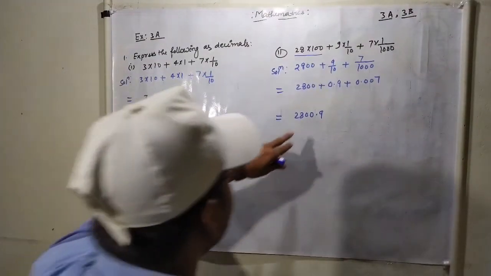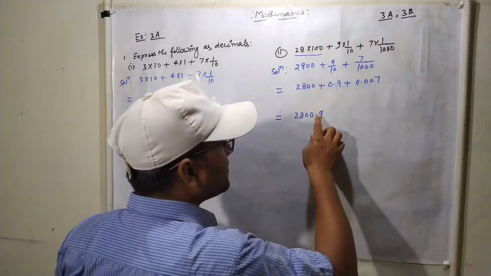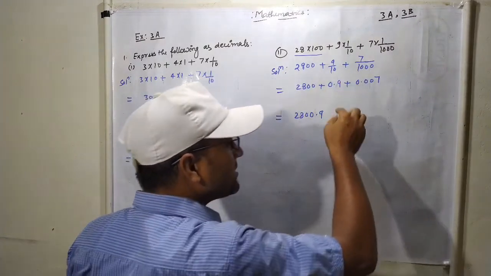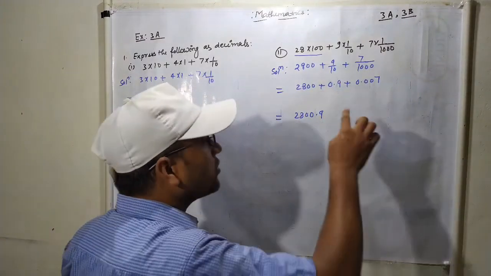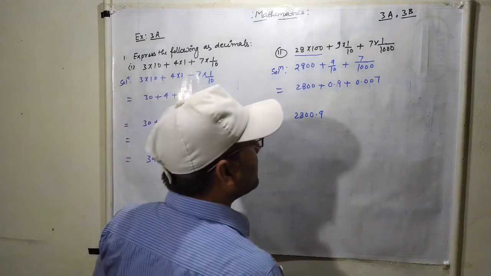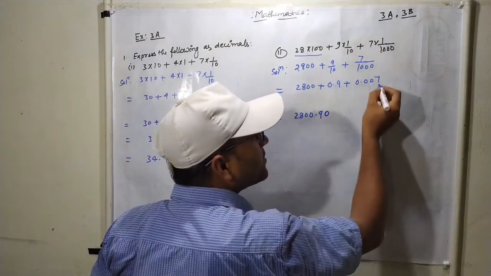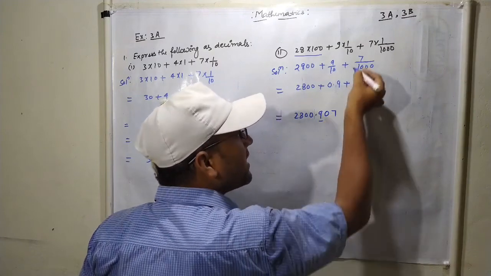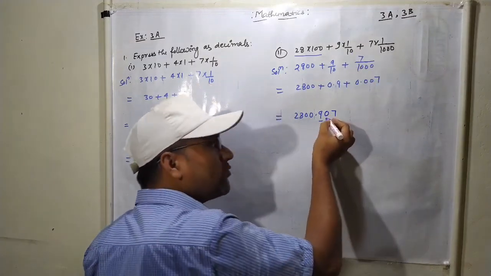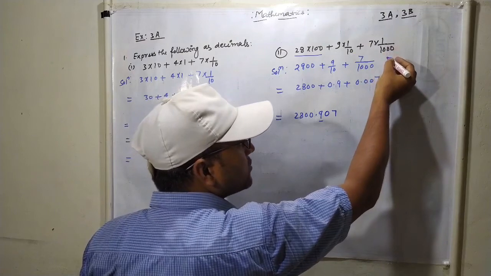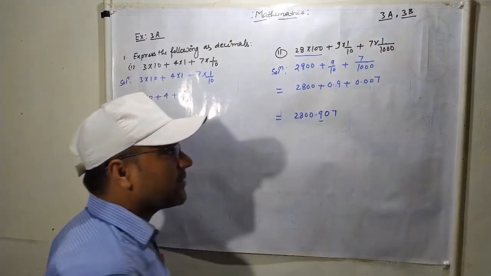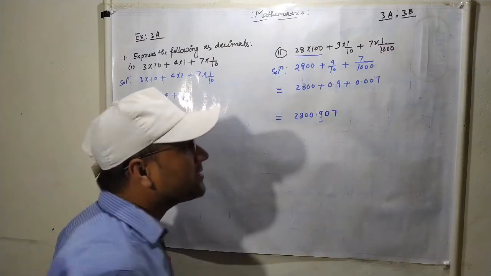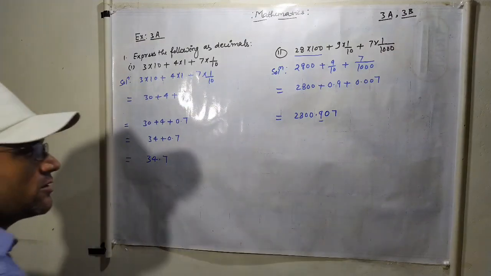Hello students, this is 2800.9. This is the tenths place, the hundredths place is not given. So in that you can write 0, and then after that the thousandths place, this is 7. So the tenths place is given, the hundredths place is not given. In place of that you will write 0, and then it is the thousandths place. So you can write here 7. So 2800.907. That is your answer.